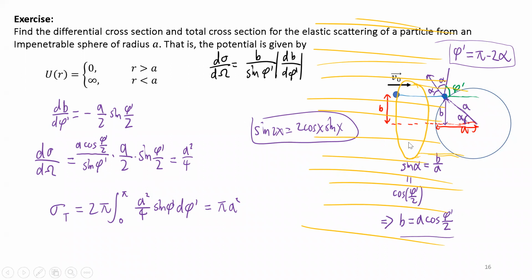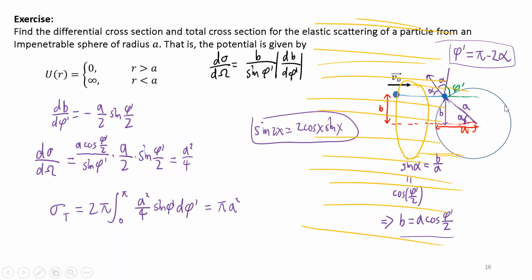You can increase your region of the beam indefinitely, but all these won't be scattered because they have no chance, right? They don't hit the sphere. So that's why the scattering cross-section is exactly equal to the cross-sectional area of this sphere itself.